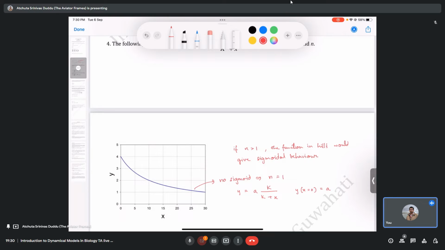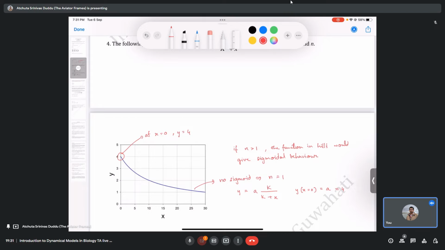A into k by k, where k would get cancelled, and that would be equal to a. So from this graph, at x equal to 0, y is equal to 4, which implies a equal to 4, right? And then now we need to find what happens to the value of k, right?